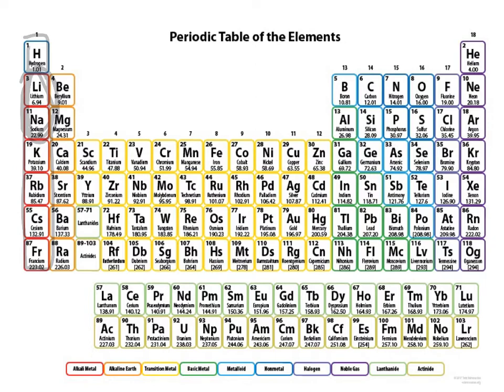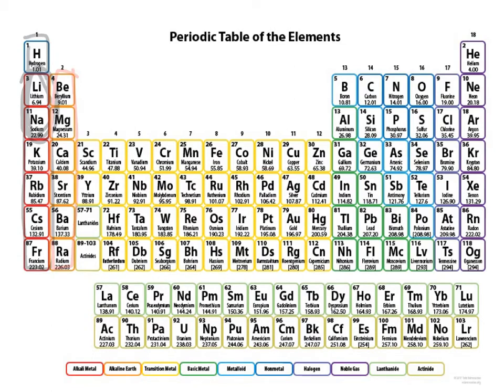What gets even easier is as you move from left to right, the columns all have the same amount of valence electrons. So this column right here, which is the orange, is going to have 2 valence electrons.